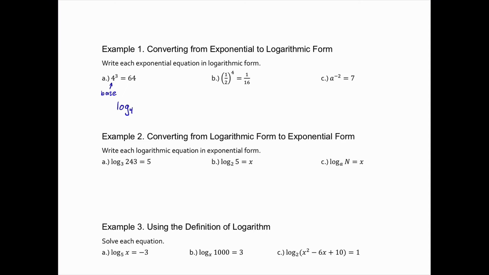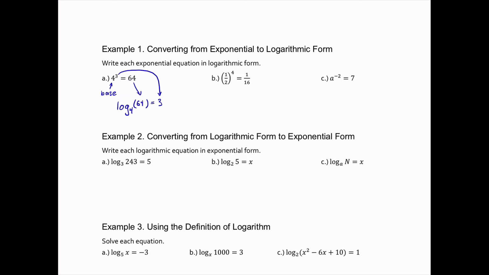To get the input to the logarithm, you go to the other side of the equation and get the 64. So log base 4 of 64. And then all that leaves is the 3. So we go to the exponent, and that is the output of the logarithmic function.